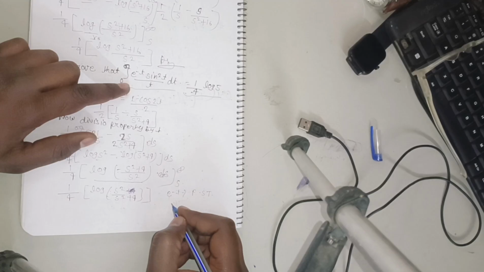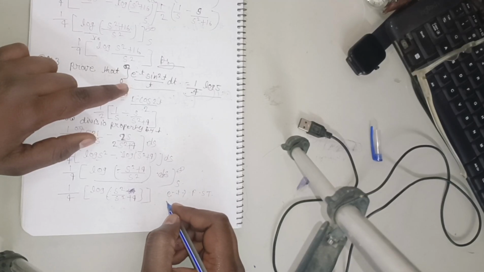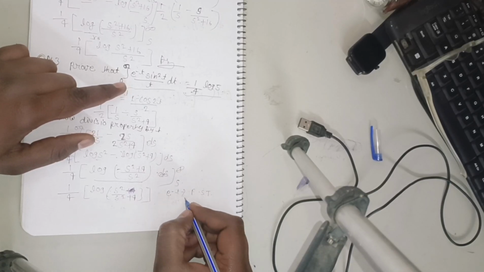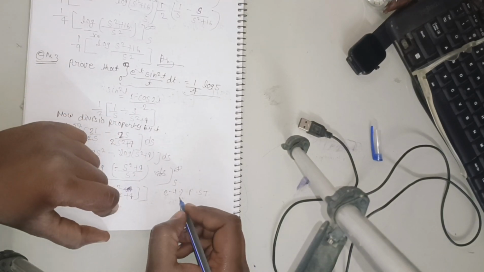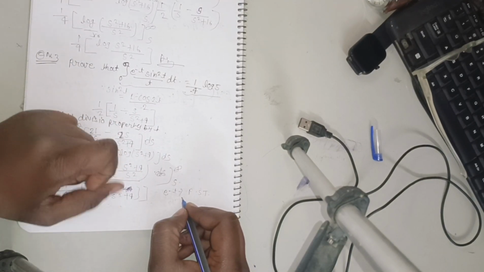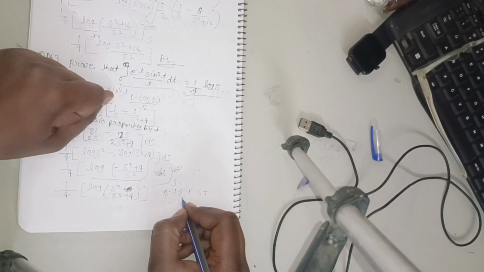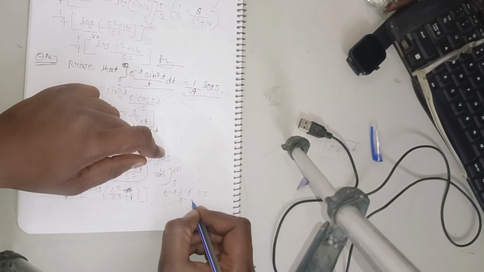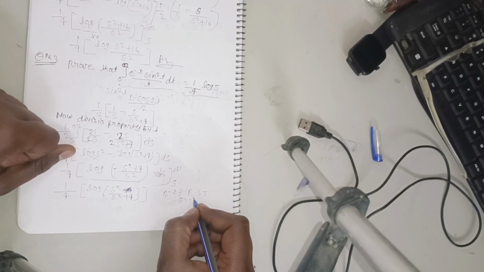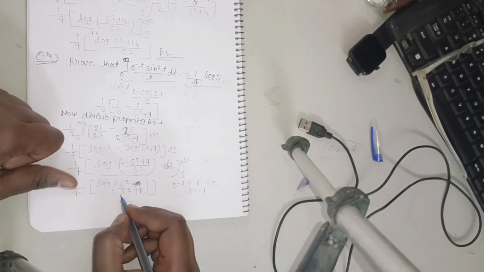So e to the power minus t, first shifting theorem, okay. s is equal to minus 1, so I'll put s equal to minus 1 here.